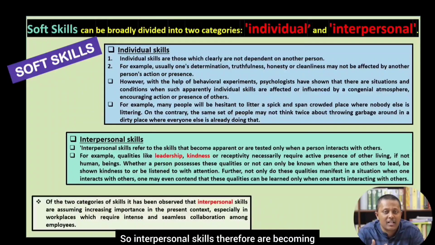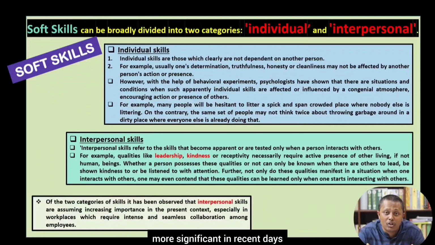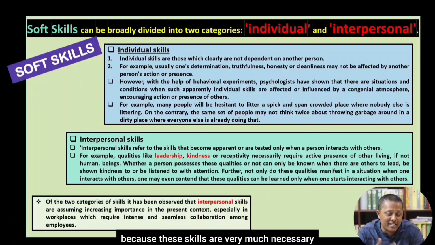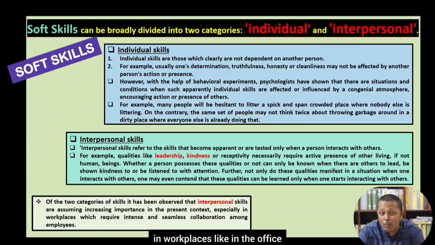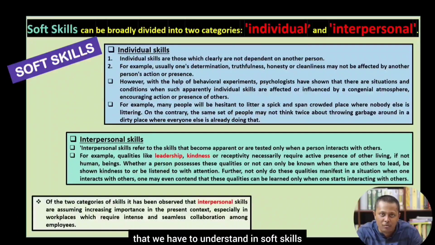So interpersonal skills are becoming more significant in recent days, because these skills are very much necessary in workplaces, like in the office, in the school, or any kind of institution. So these are the two sets of skills that we have to understand in soft skills.